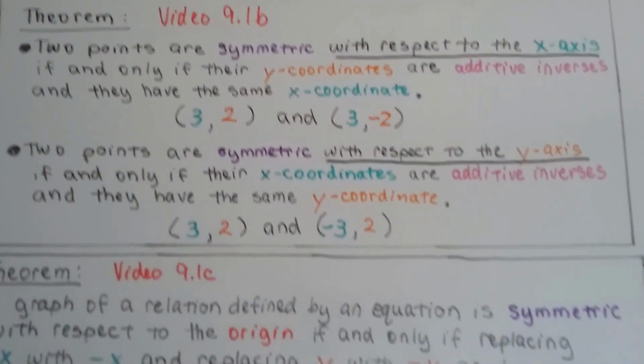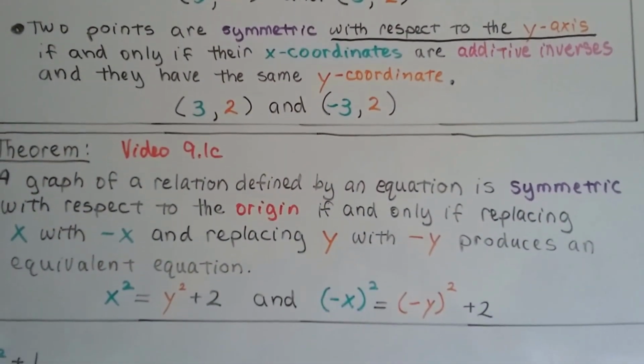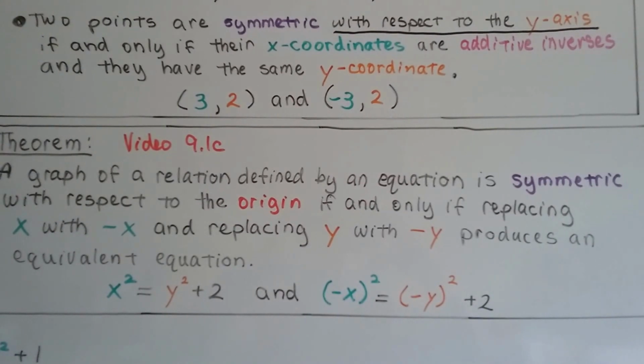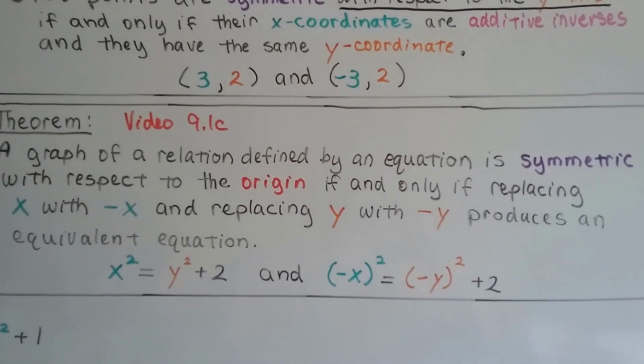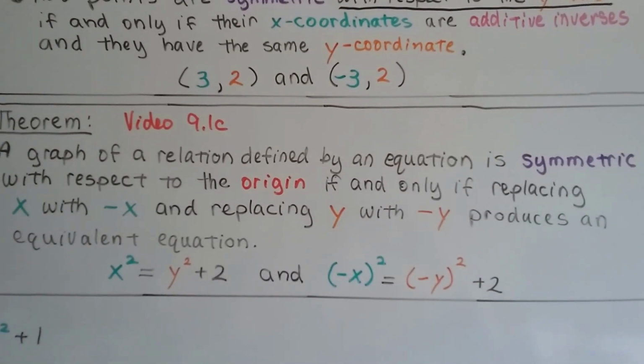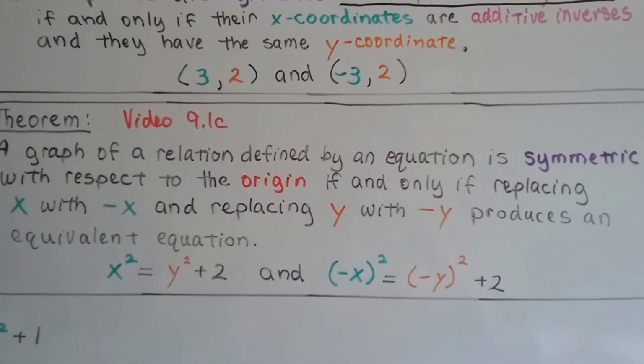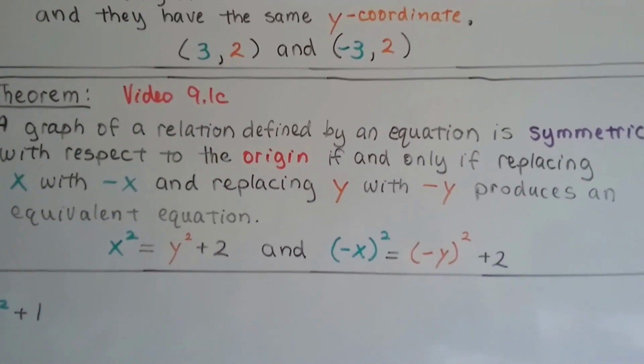See that? And the other theorem we talked about in 9.1c, a graph of a relation defined by an equation is symmetric with respect to the origin if and only if replacing x with the inverse of x and replacing y with the inverse of y produces an equivalent equation. So it would be like these two.